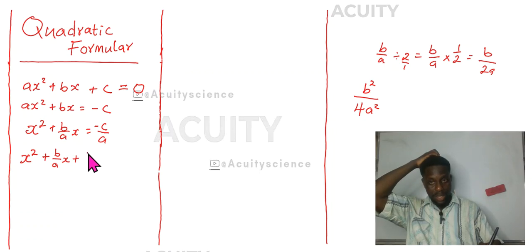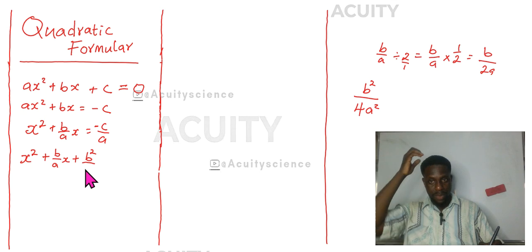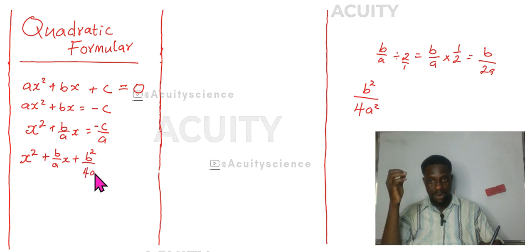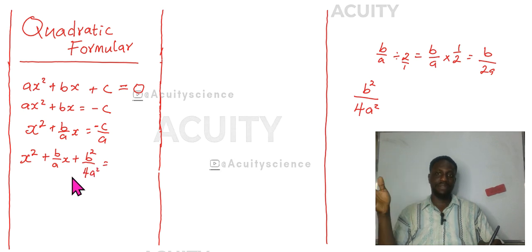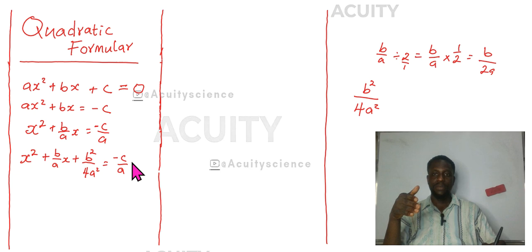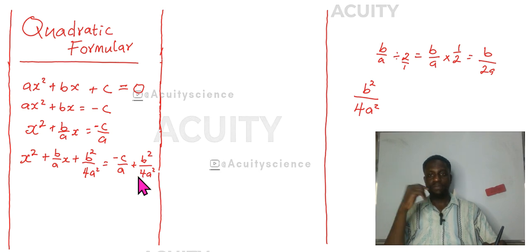Okay, so I'll just copy that down. b squared all over 4a squared. Now, because we've added this to the left hand side, we must add it to the right hand side. So we have minus c over a. We'll now add it again. b squared over 4a squared.